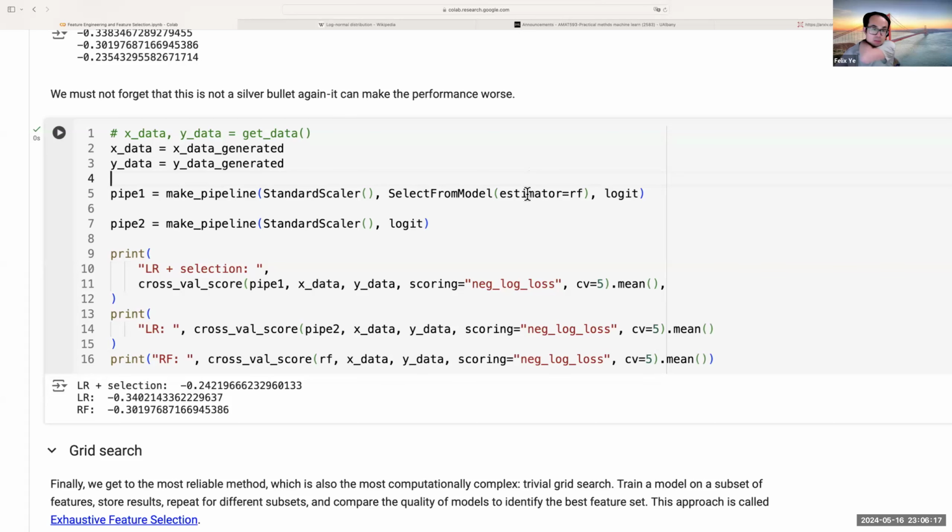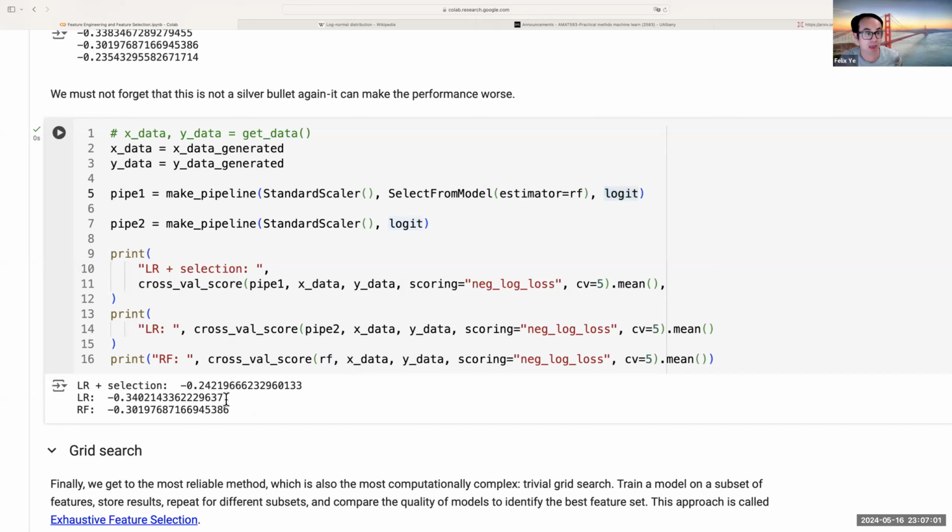If we do this pipeline from here, random forest, logistic regression, selection, sometimes it works, sometimes it does not. For example, in this case we do the standard scaler first, then we use random forest to choose the features, then we do the logistic regression.